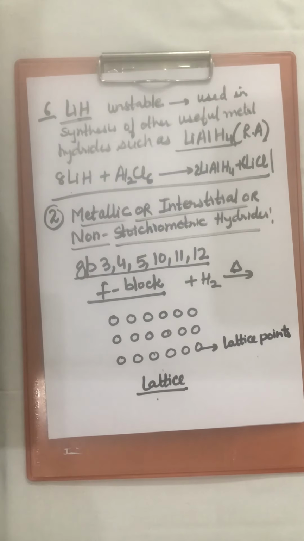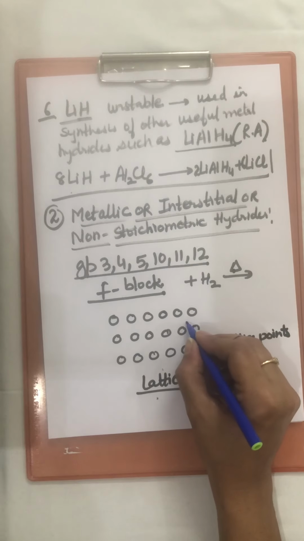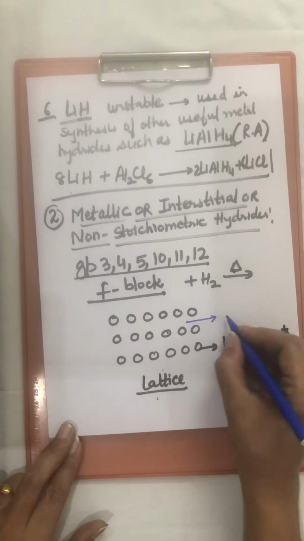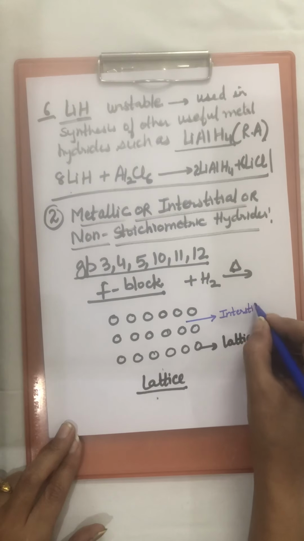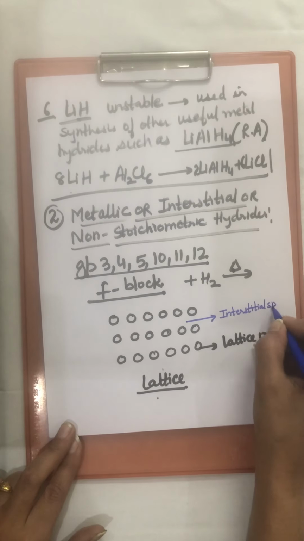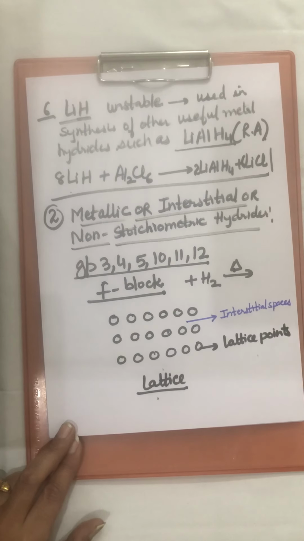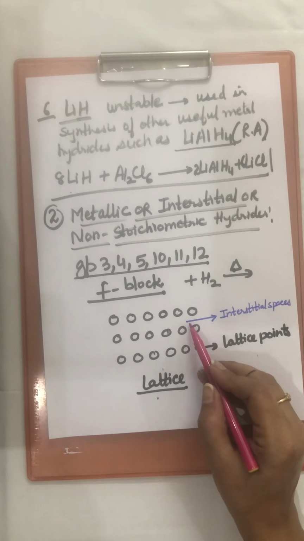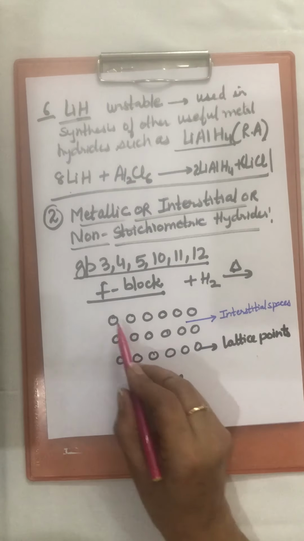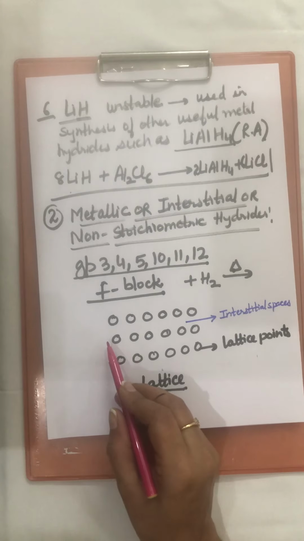And the empty spaces in between these metal points are known as interstitial spaces. So hydrogen atom occupies these holes, these interstitial spaces in the lattice of metal.